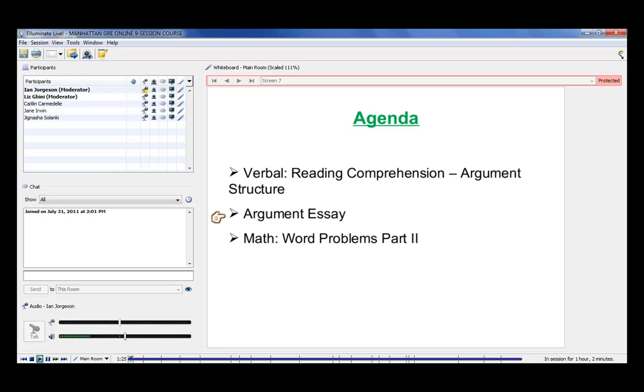And then finally, we'll take a little bit of a break after that, and then come back and spend the second half of class taking a look at math, specifically some very challenging word problems, mostly ones that happen to deal with things like probability, permutations, and combinations. But I think we'll also get a chance to look at overlapping sets as well. So some challenging topics, but hopefully by the end of today you guys are going to feel a lot more comfortable.